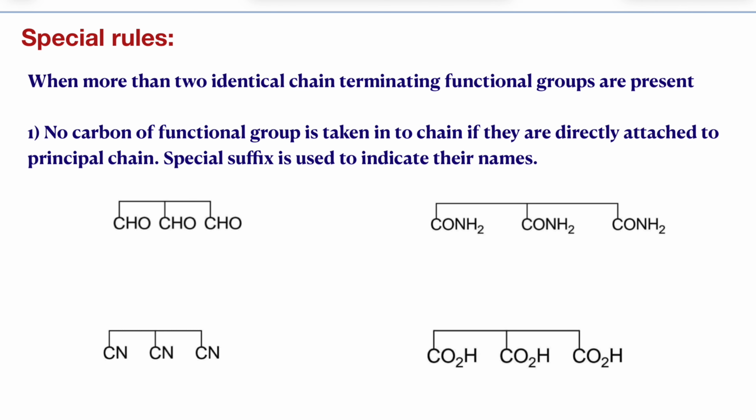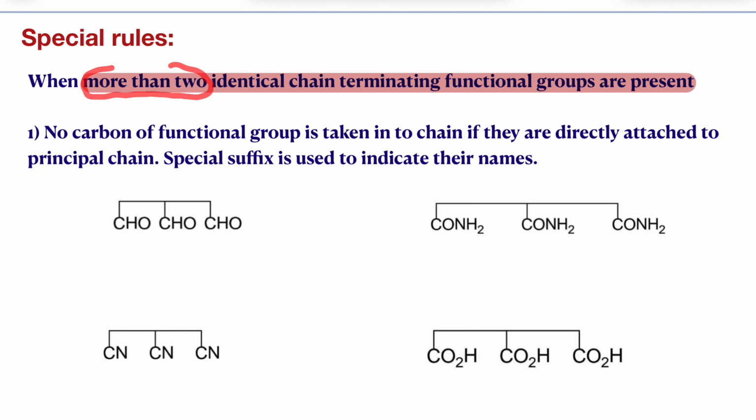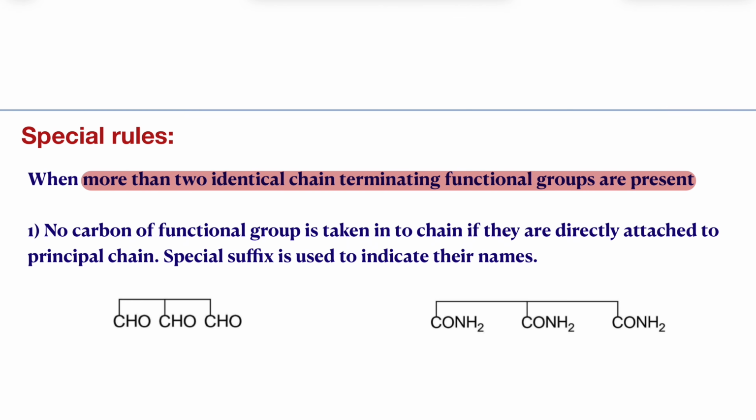These special rules particularly come into the picture when more than two identical chain terminating functional groups are present. First, check whether you are familiar with the chain terminating functional group or not.